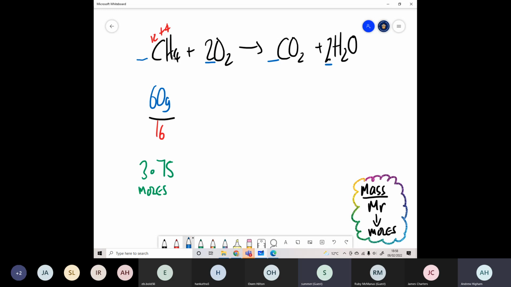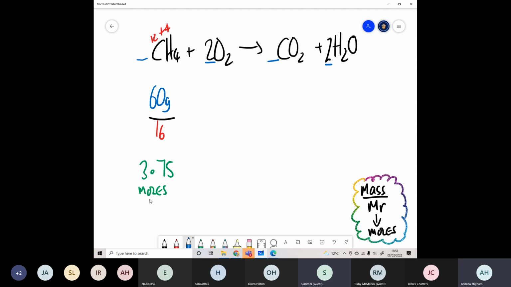We've got 4 hydrogen atoms in the methane molecule that will be able to produce 2 water molecules, because in H2O there's 2 hydrogen atoms in the molecule, so we can make 2 molecules. Okay, so the ratio, going back to this, is 1 to 2 to 1 to 2.